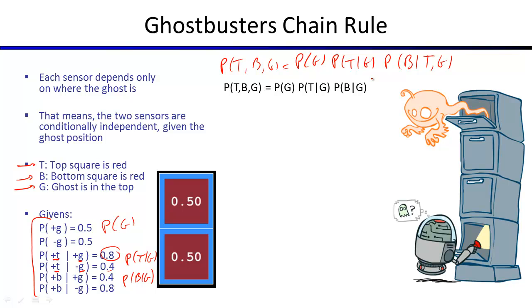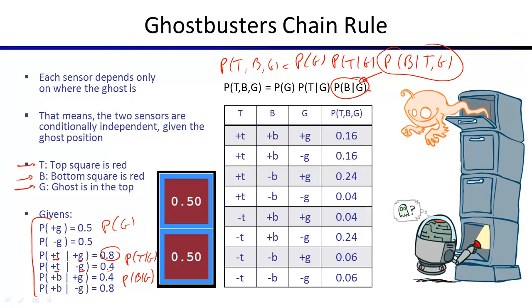So we assume B is independent of T given G, and we can simplify from this thing over here to this thing over here. Again, we go from a table over 3 variables to a table over just 2 variables, which makes our representation more compact. From this, you can build back up the full joint distribution. That's always possible. But in principle, we could represent this a lot more compactly just with these numbers over here, thanks to this conditional independence assumption that T and B are independent given G.